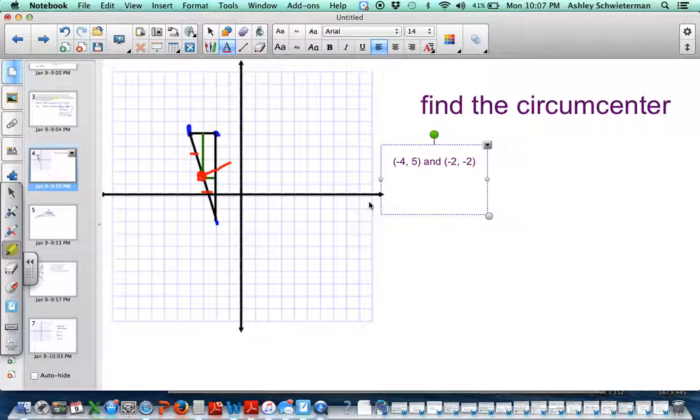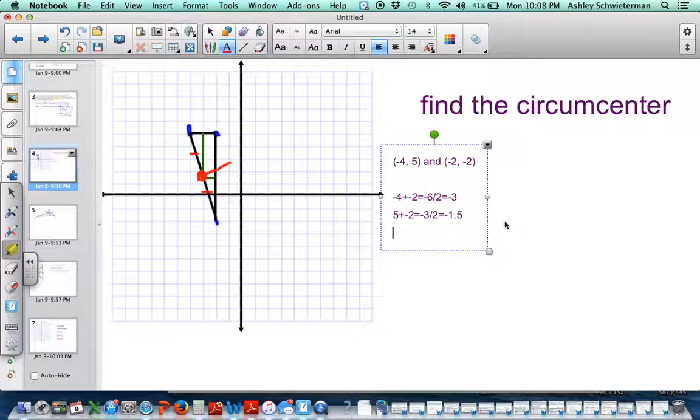I'm going to find the midpoint because I'm finding the perpendicular bisector. So x, add the x's together, so -4 plus -2 equals -6, divided by 2, which is -3. And then we have 5 plus -2, which equals 3, divided by 2, which equals 1.5.